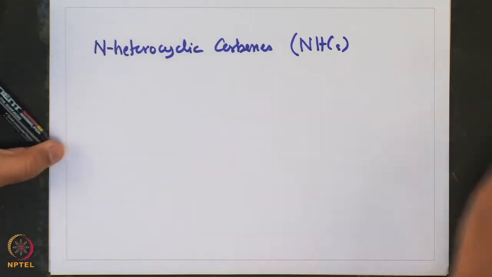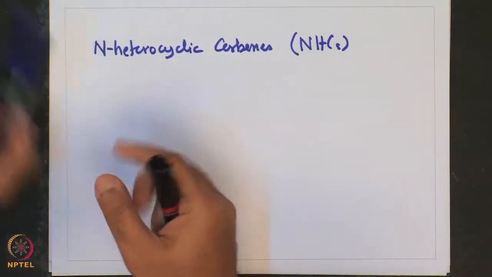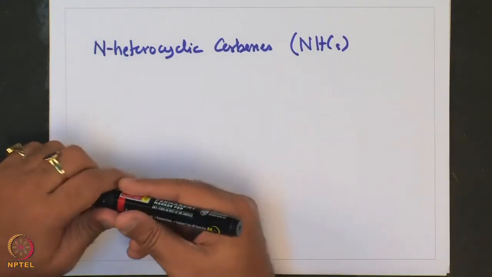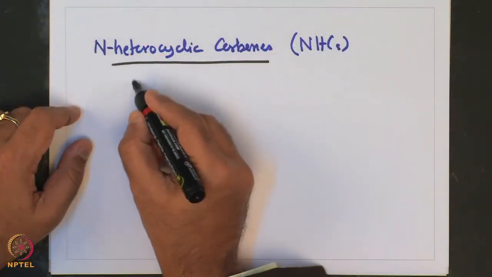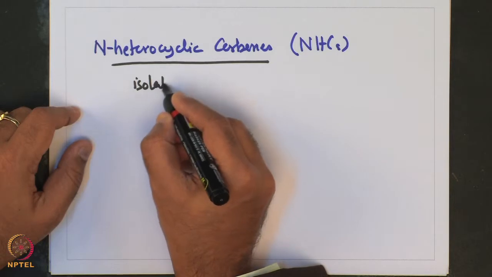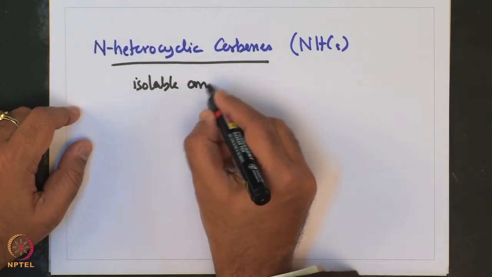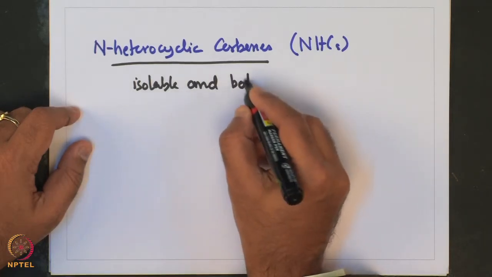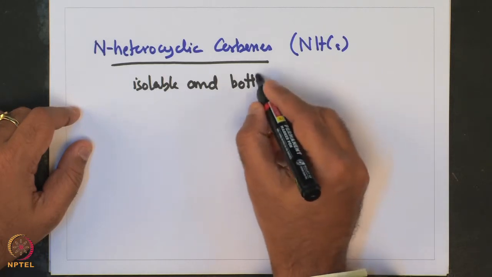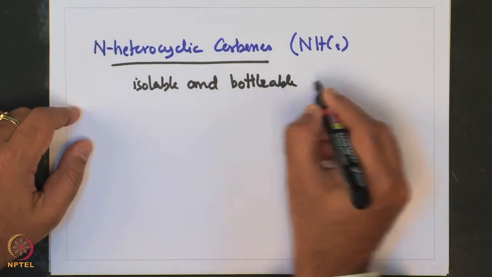Usually carbenes are extremely reactive molecules and very difficult to isolate and characterize, and from that perspective these NHCs are important because they are isolable and bottleable carbenes.